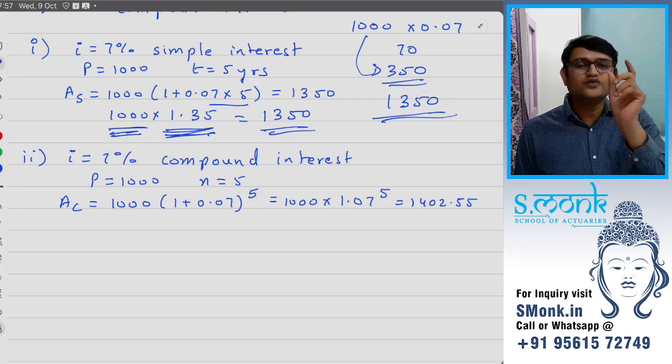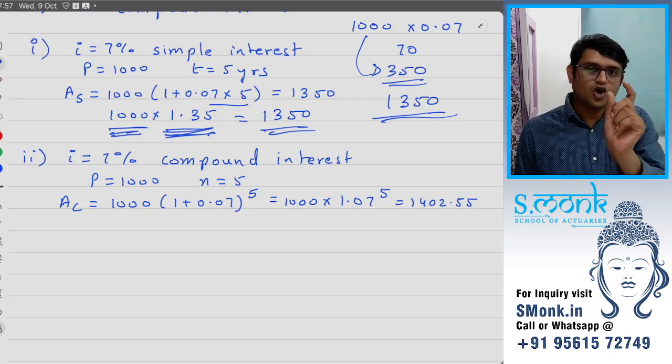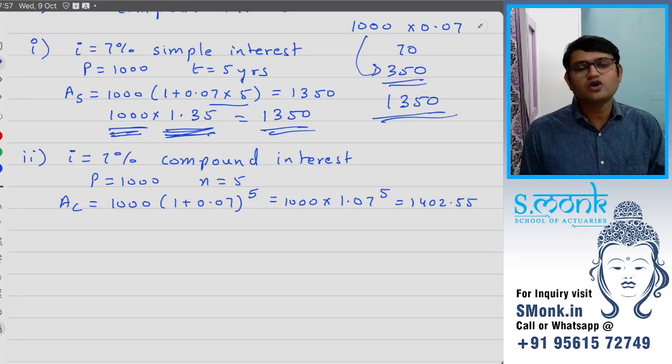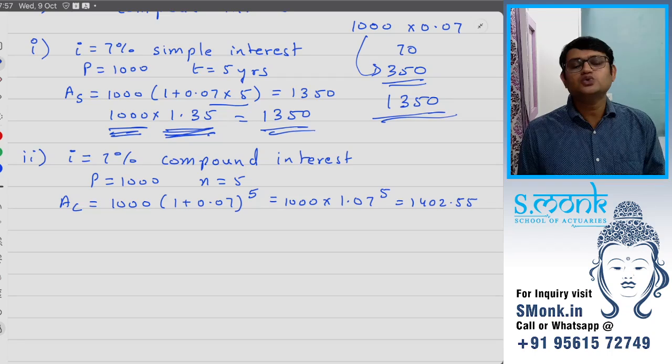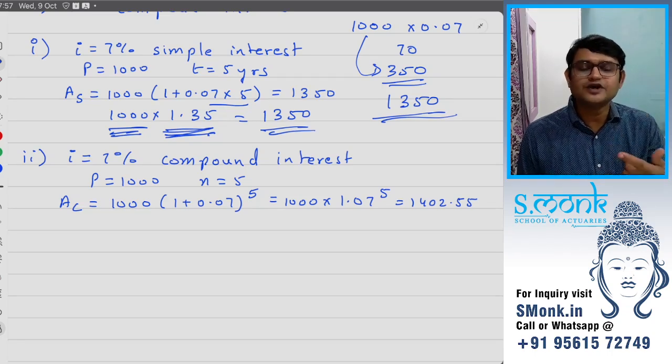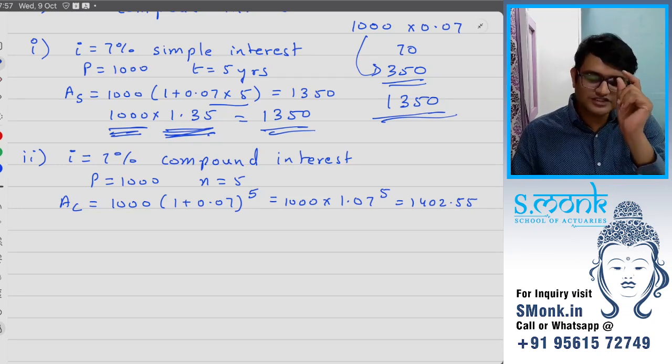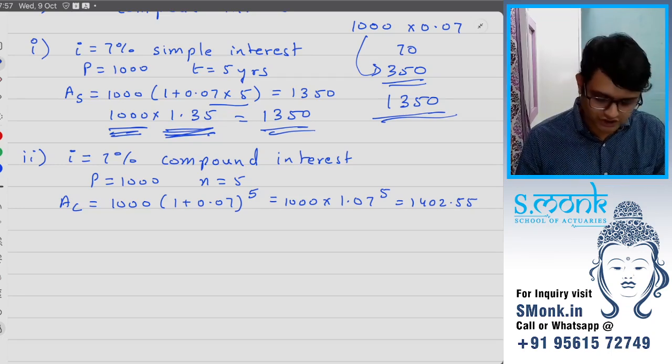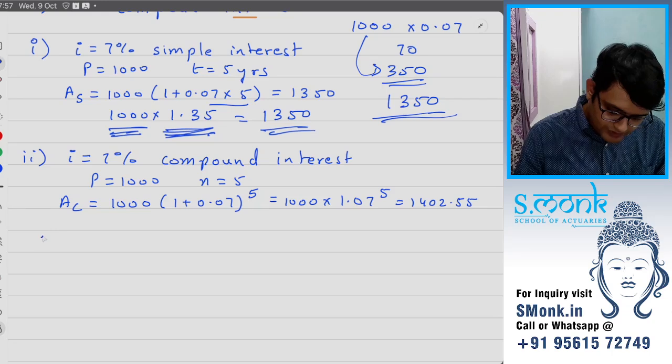So for very short period of time or very small amount of money, we may use simple interest. Why? Because it is simple and the difference in the interest will not be much. So this is very important.